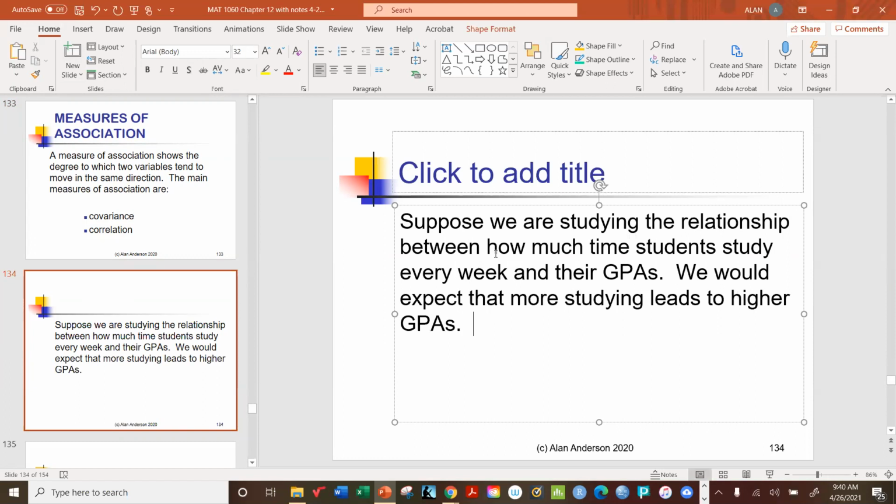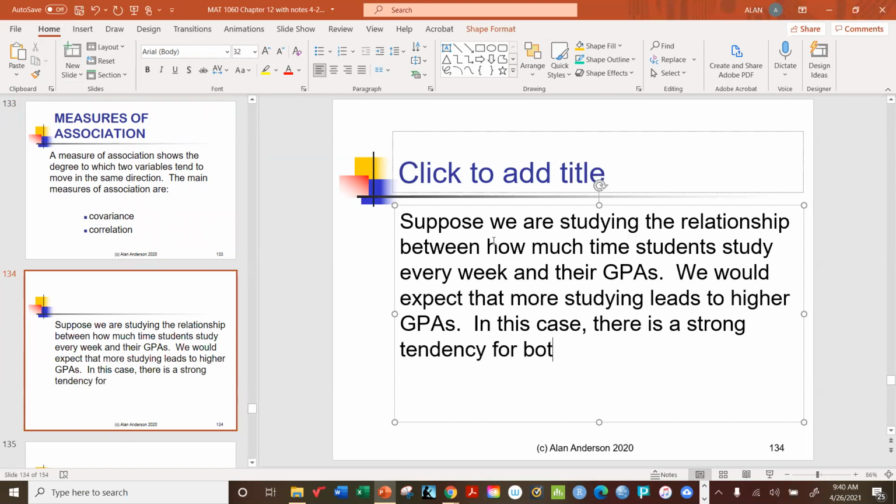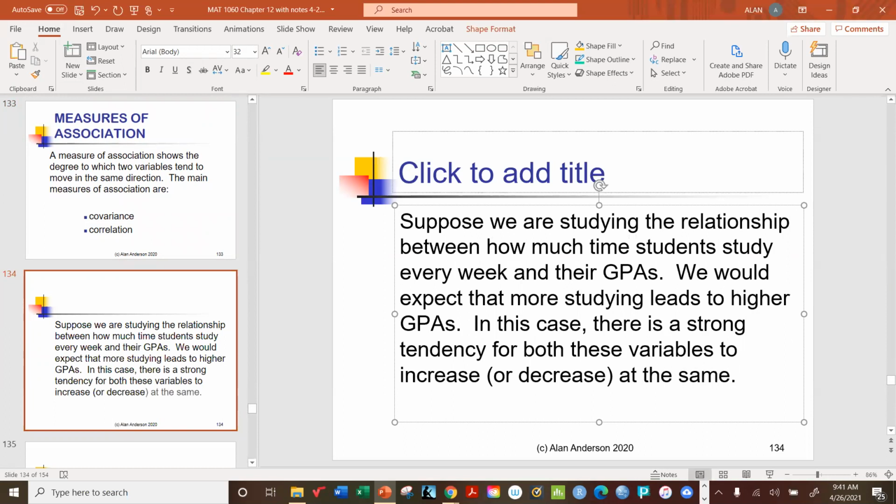So in this case, there is a strong tendency for both these variables to increase or decrease at the same time. In other words, the more you study, the higher the GPA, but the less you study, the lower it should be.